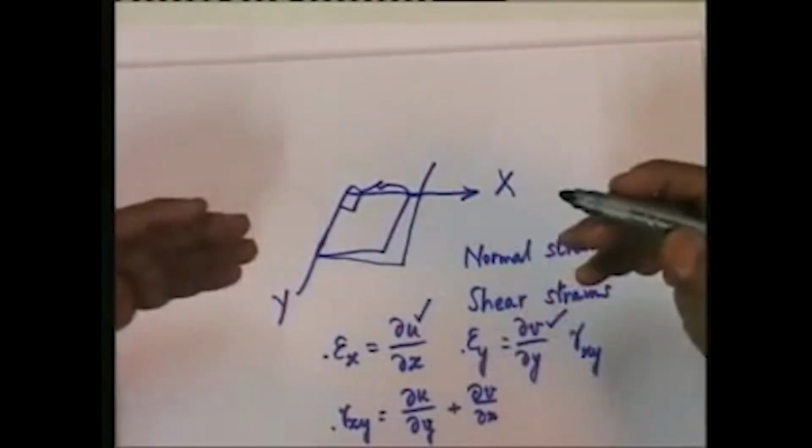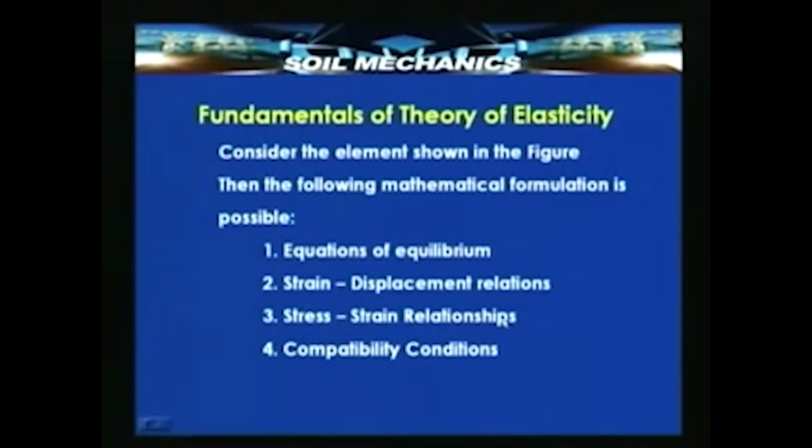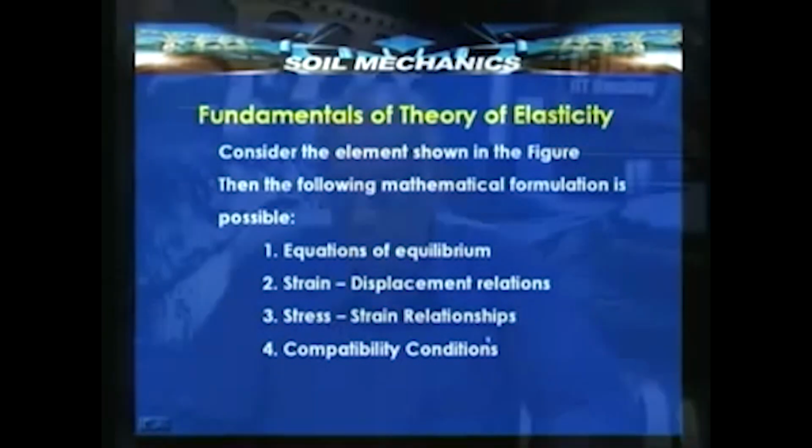Similarly, this can be extrapolated to 3 dimensions, and if we know the displacement w in the z direction, we will be in a position to compute the shear strains in the other directions and also the normal strain epsilon z. Similarly, we will also be seeing in the next class how to compute stress strain relationships and how to define a set of conditions known as the compatibility conditions.